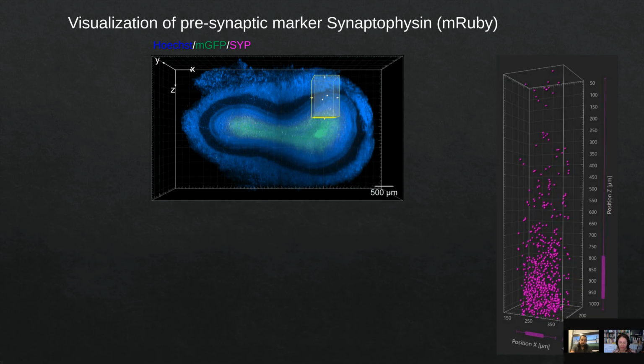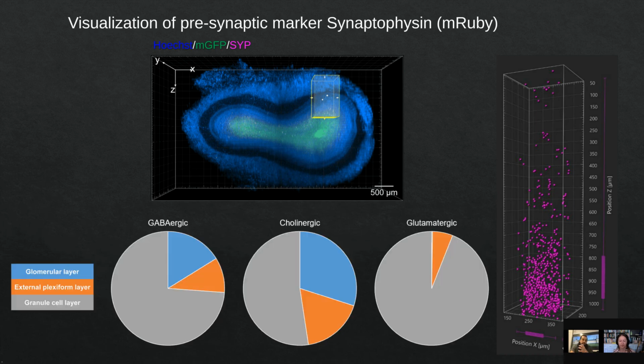Here we have mainly the presynaptic marker. That's what we wanted to show, and that's what we stress in this graph. All right. Next question. Which final optical resolution can be achieved in your microscope?